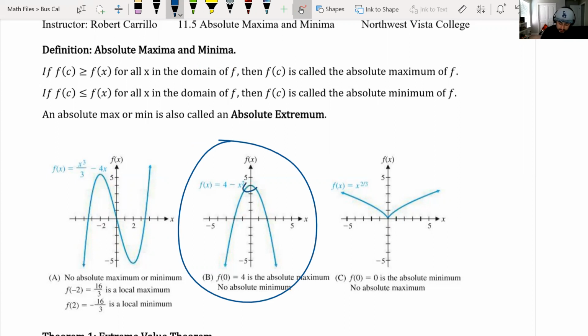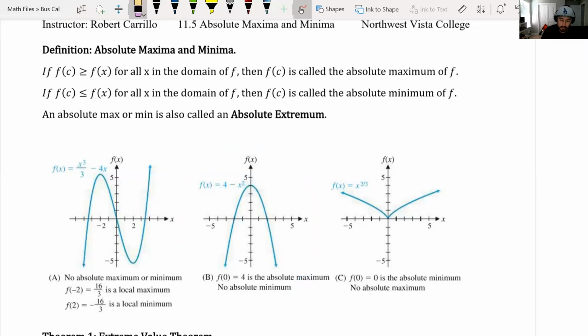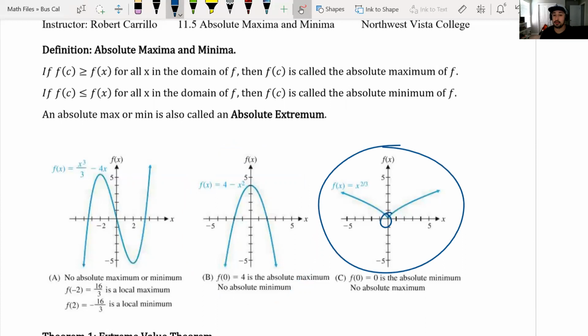This point at 0, 4 would be the highest point on the graph, and it is the only high point on the graph. So that's what being an absolute maximum is. If you're an absolute minimum, you are absolutely the lowest point on the graph, and that can be represented by the third graph. Here, 0, 0 is the lowest point on the graph, therefore it's the absolute minimum.